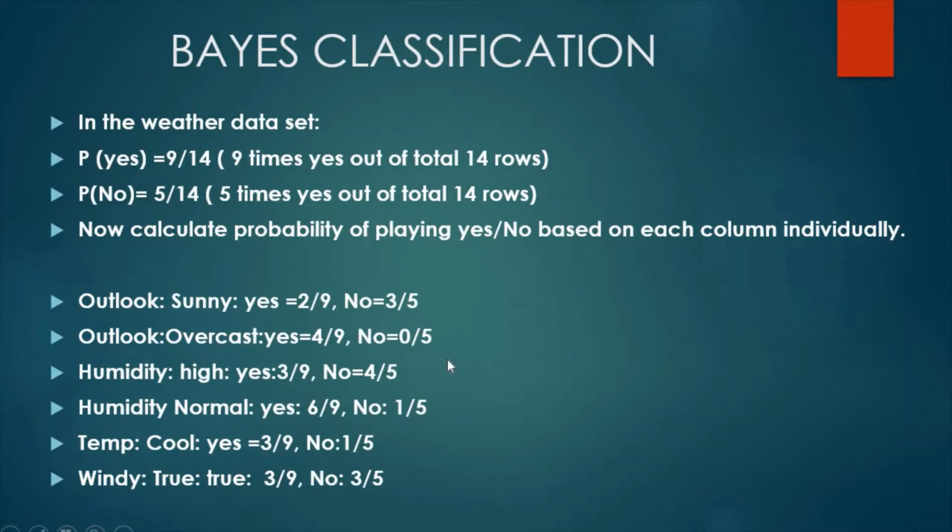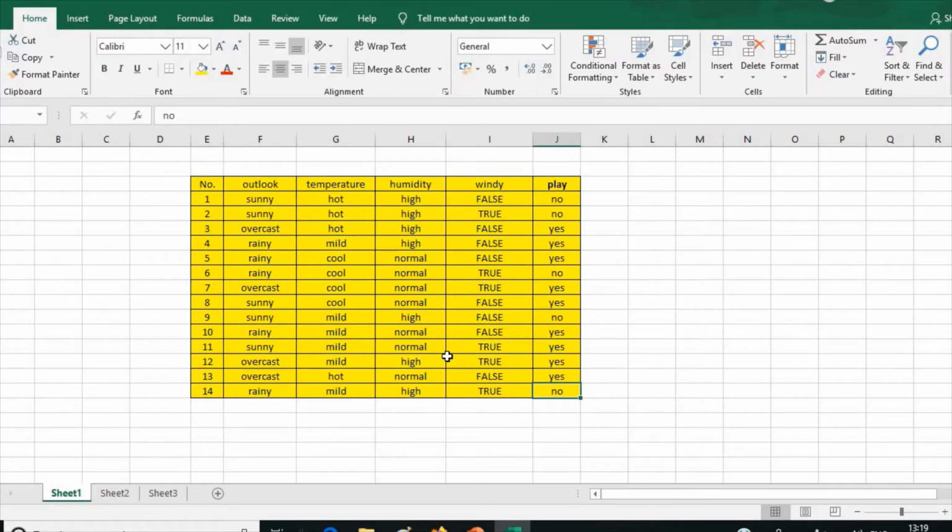For example, let's take the column Outlook. Here we can find Sunny. Now see the instances where Sunny and yes coincide.